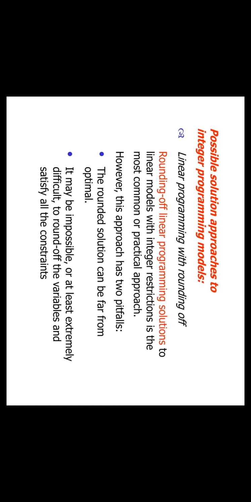And then when you did your solution methodology, you found the x sub 1 value to be equal to 50.8, which is very close already to 51. But since your company's practice is to disregard the decimal position, then you're just going to assume x sub 1 to be equal to 50. 50 multiplied by 3,000 is much lower than 50.8 multiplied by 3,000. That is the meaning of the first bullet there. The rounded solution can be far from optimal.